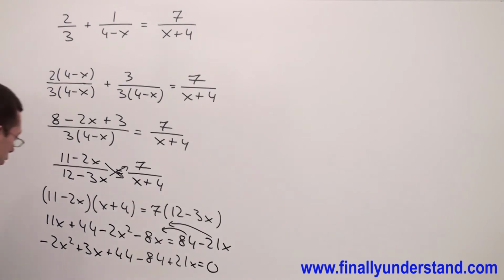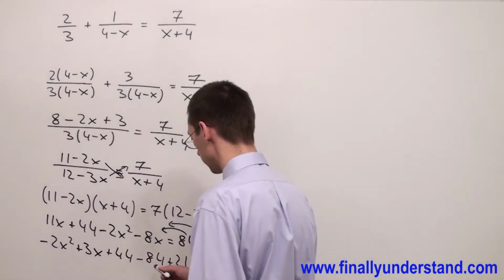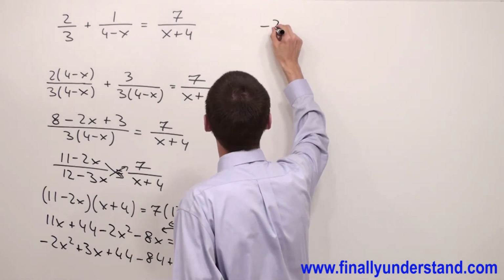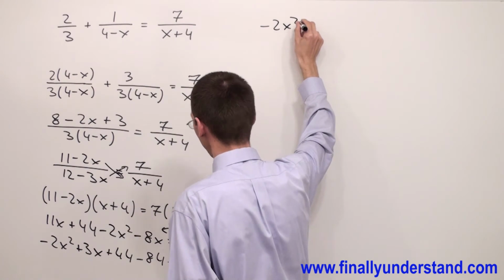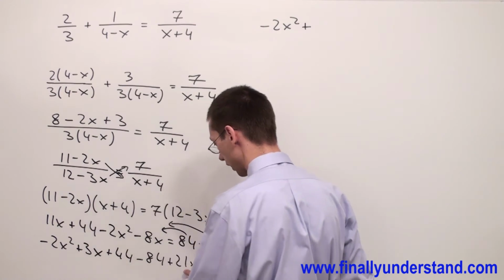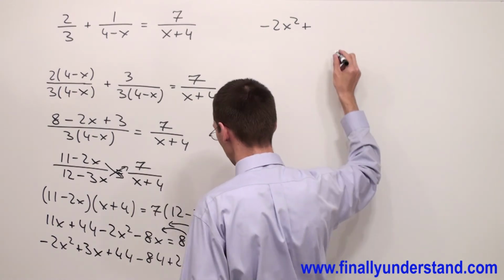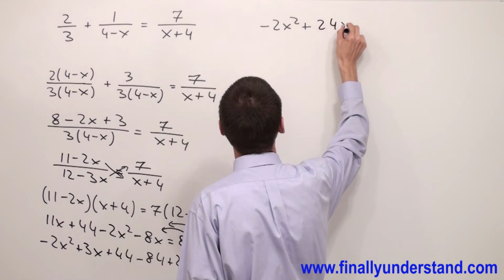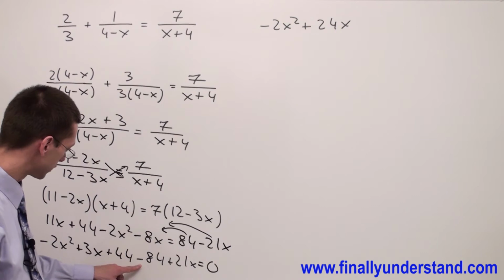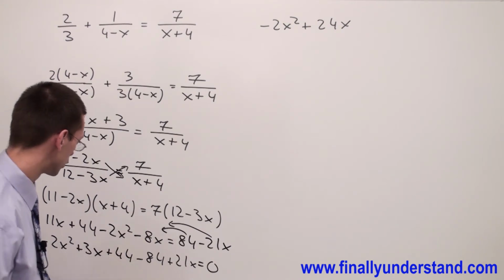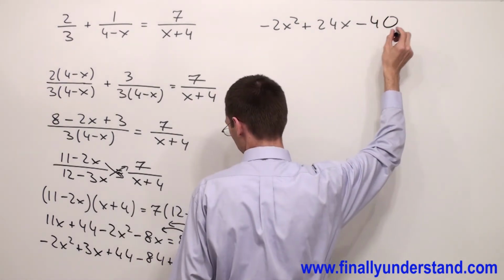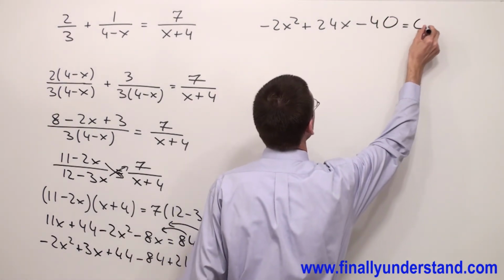Again, I'm going to rewrite this equation, and at the same time I'm going to combine the like terms. I have minus 2x squared plus I have 3x and 21x, which is equal to 24x, and I have 44 and negative 84. This is equal to negative 40, and everything is equal to 0.